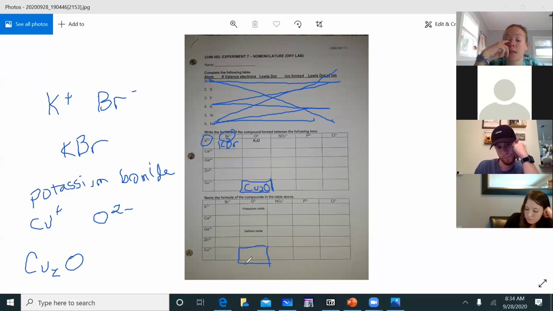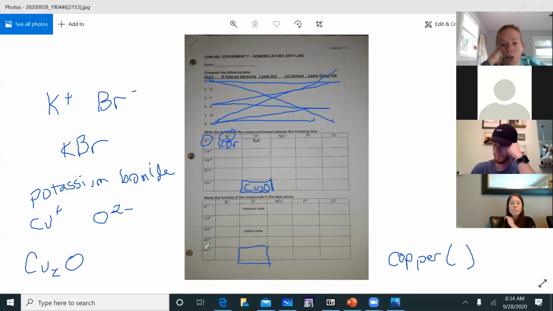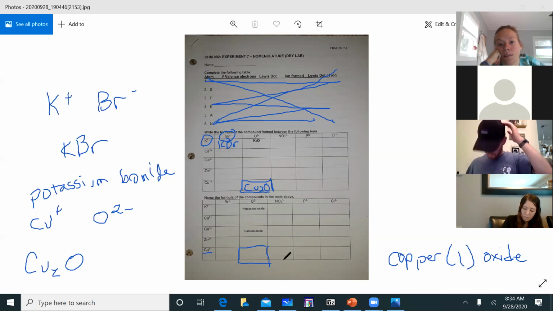And then to name this thing, I'm going to write it over here, copper. But copper has an unpredictable charge, so I need to put its charge in there. What's the charge on this copper? It told me that it's 1. So copper(I) oxide. So in this bottom thing, all the copper should have a charge of 1. Yeah, that's how the first page goes.